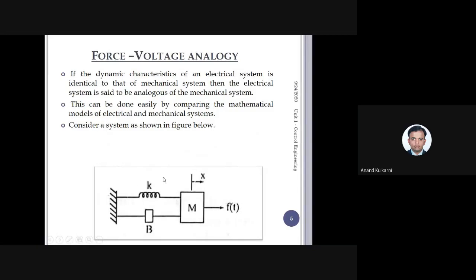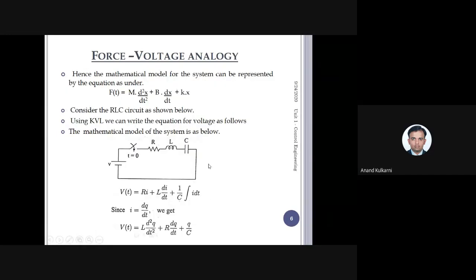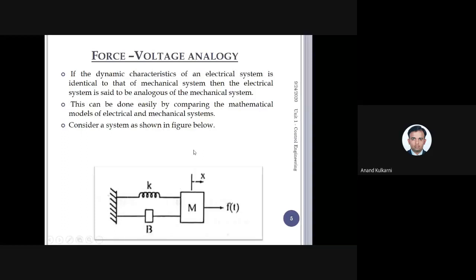We know how the spring works, how the damper works, how the mass works. But if I ask some student how the resistor, the inductor, the capacitor work, he may find it difficult to explain. But vice versa, electrical or electronic students would be in a better position to explain the resistor, inductor and capacitor, but would find the mechanical elements difficult.